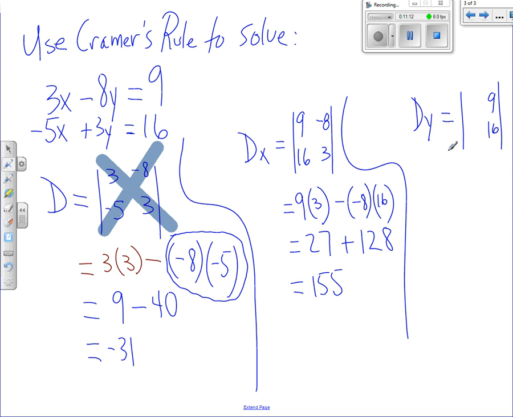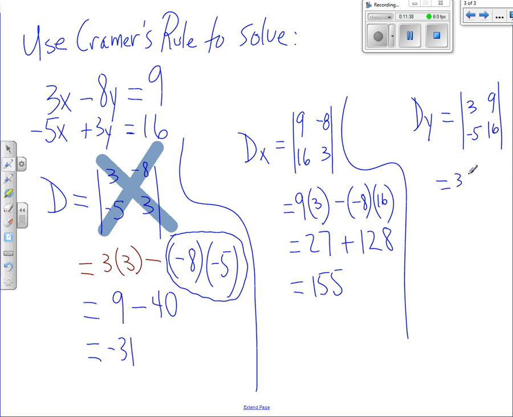Here's y. In an ordered pair, y is typically the second coordinate. So our constants are going to go last. And now, because we want the determinant of y, we ignore the coefficients on y, and we're going to drop in the coefficients on x in the first column. 3, negative 5.